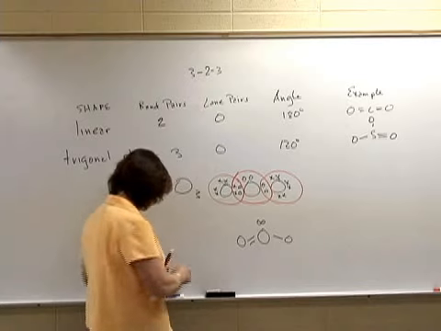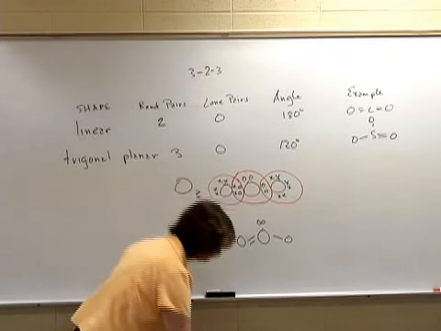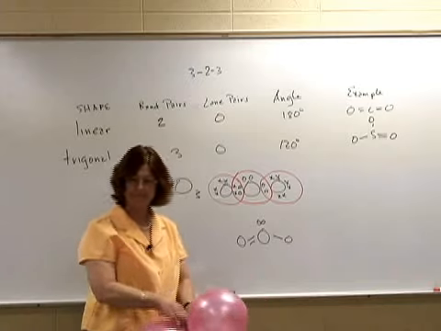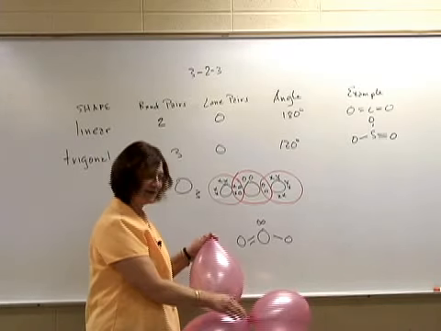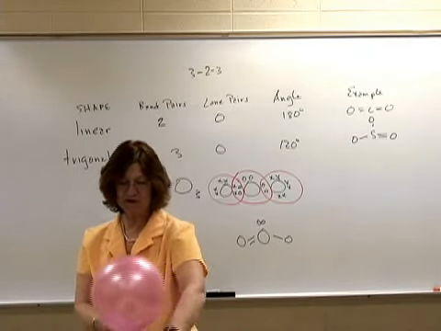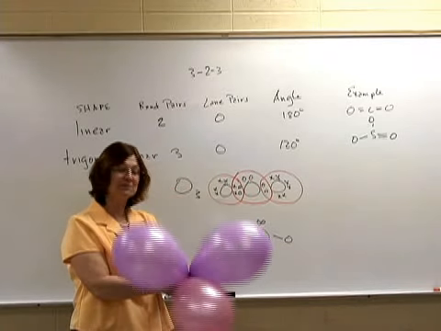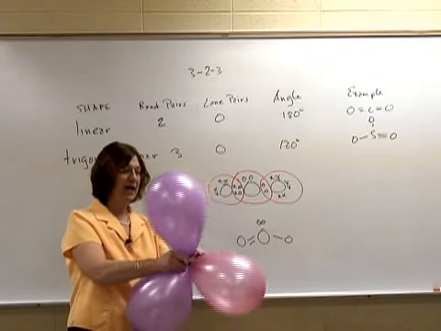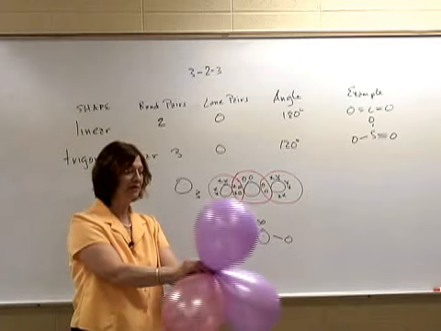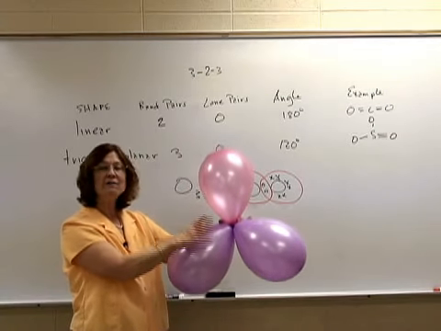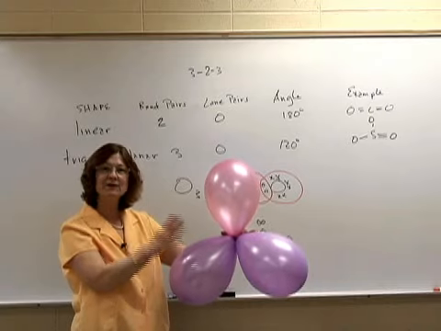And when we look at this, I'm going to use this pink one as my lone pair. And when I add the lone pair in here, there is repulsion. All of this is all about repulsion of electrons.